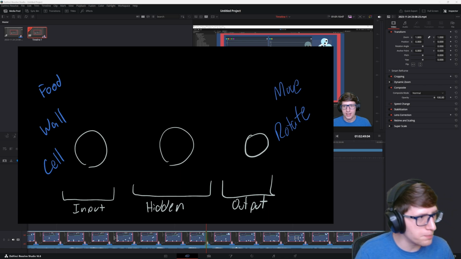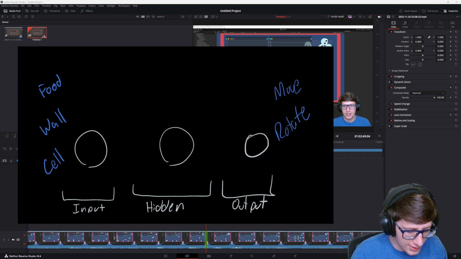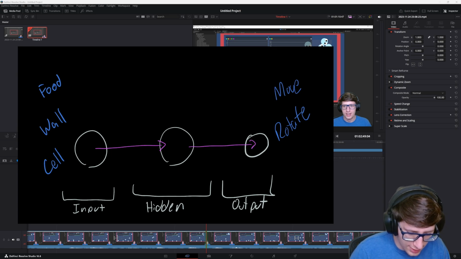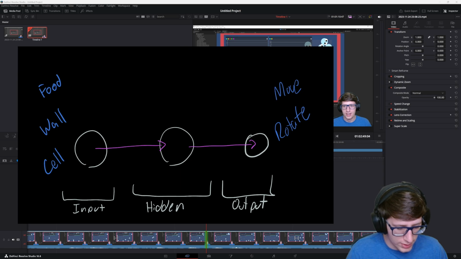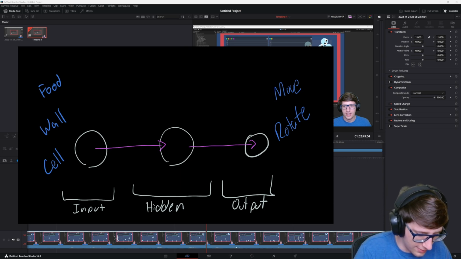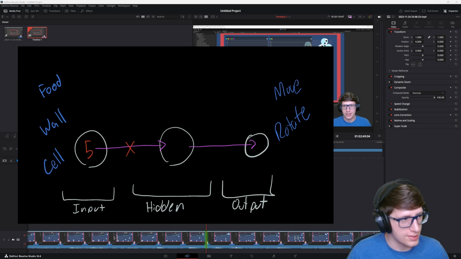And at the very most basic, if you still don't get it, it's literally just this layer goes to this layer, goes to this layer. If it doesn't cross a certain threshold, it won't go to the next layer. So let's say this is a like 5 and then it doesn't pass the threshold, well then it stops and it doesn't activate the final neuron.